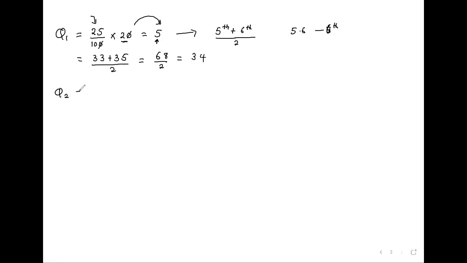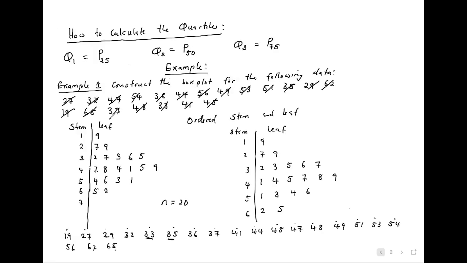Then Q2 is 50 out of 100 by 20 observations. So we have 5 by 2, which is 10, another whole number. So you get the 10th plus the 11th observations, and then divide by 2. So Q2 is equal to the 10th. We have 1, 2, 3, 4, 5, 6, 7, 8, 9, 10, 11.